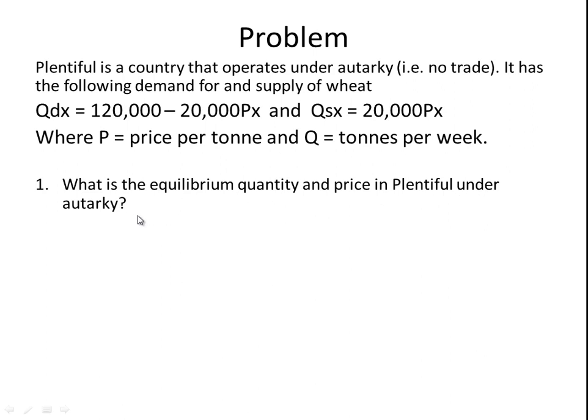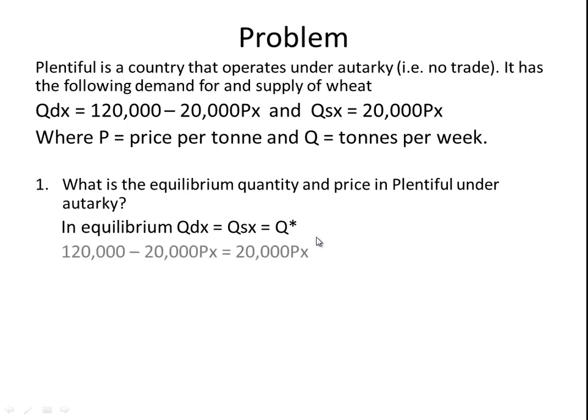Well, what we know from our basic economics is that for equilibrium to occur, the quantity and price have to be in equilibrium. So the quantity demanded and the quantity supplied have to be in equilibrium. So QDX is equal to QSX, and we just call that Q star.